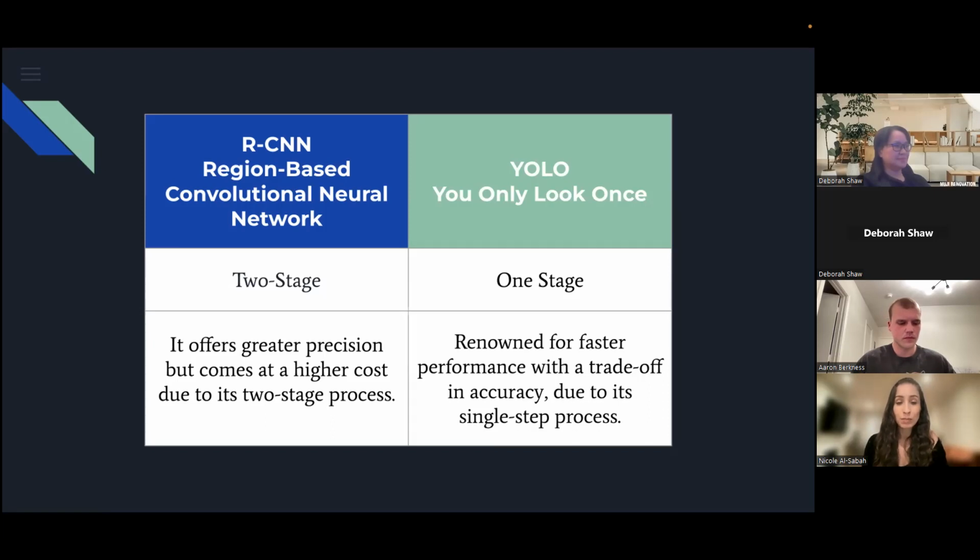So the precision is much higher, but it's a bit of a slower process, so it's not going to have as high of a performance. YOLO is much faster because it has the one step, but the accuracy isn't nearly as good as RCNN's. So it depends on whether you want higher performance or more accuracy.